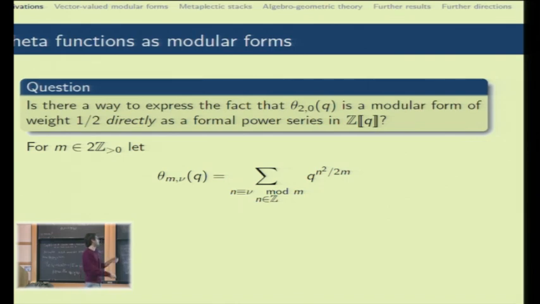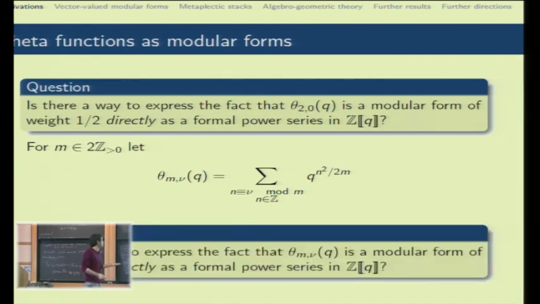So you take this power series, and the question I would like to ask is, how do we express the fact that these are modular forms of half-integral weight, just as power series in q, without having to consider them as analytic functions, without having to stick in q equals e to the 2 pi i tau?